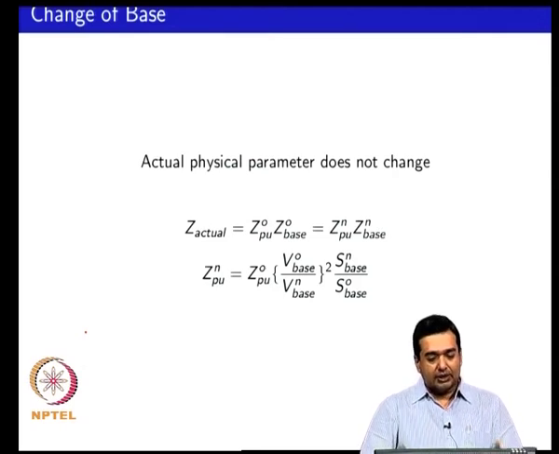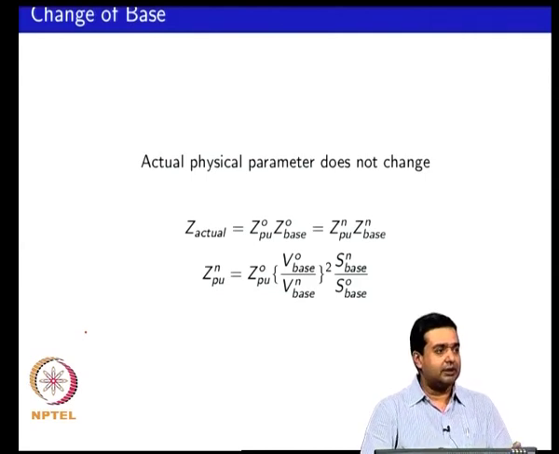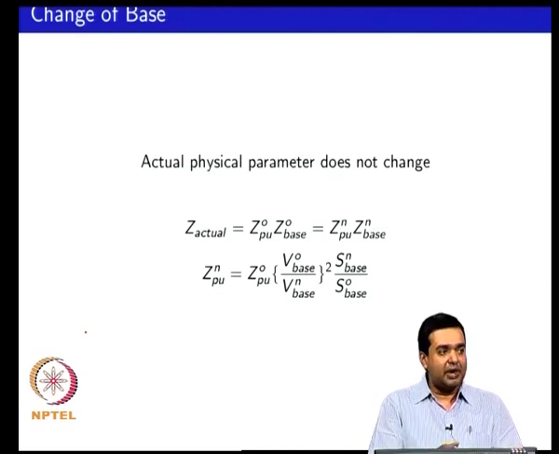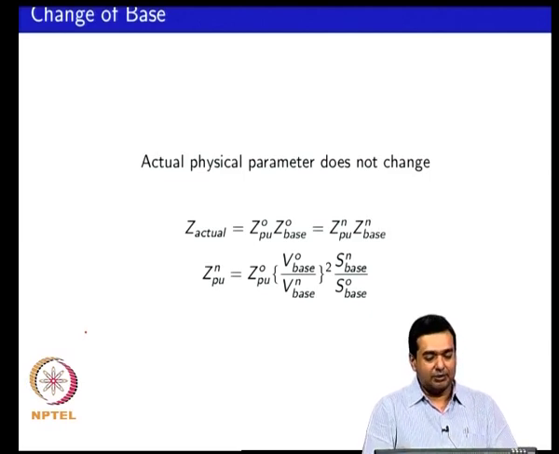So, if you look at change of base, the idea is that your actual physical quantity is not changing. If you change your base from one system to another, the per unitized value might change, but your physical quantity stays the same.